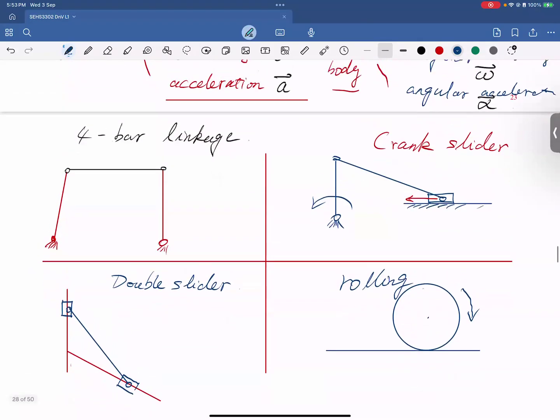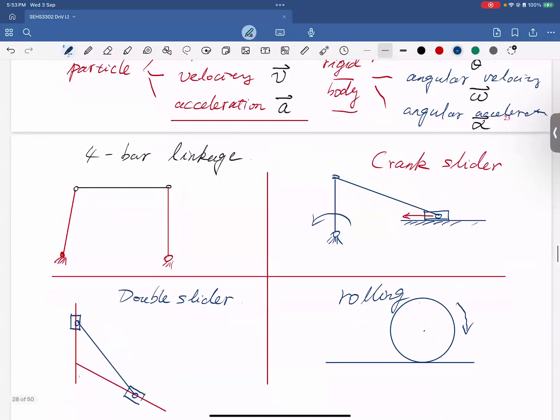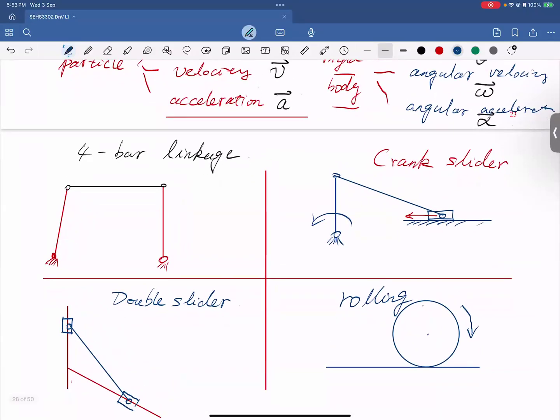So when we discuss the motion from particle to rigid body, typically we learn these 4 cases. In the following 3 to 4 lectures, we will analyze the motion of these 4 types of structures.